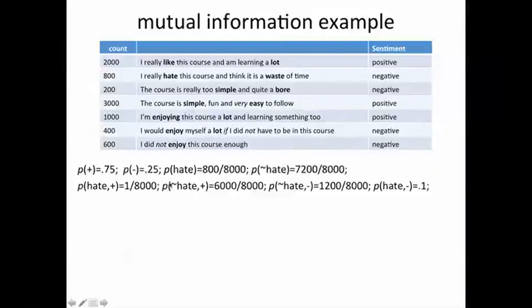For example, the probability that hate does not occur in a positive comment is, well, it's all the positive comments, that is 6,000 of them, but we divide by the total number of comments because this is the joint probability rather than the conditional one. In this case, for probability of hate, it doesn't occur in the positive comment, so we have to smooth it by just making the value 1 over 8,000. And similarly, we can compute the probability of not hate in negative comments and the probability of a hate in a negative comment.